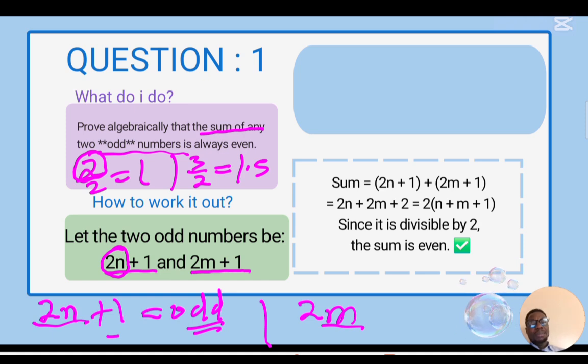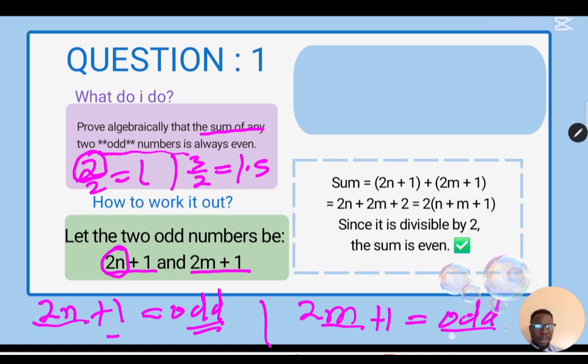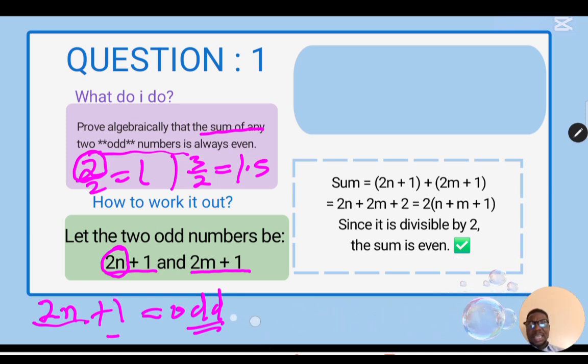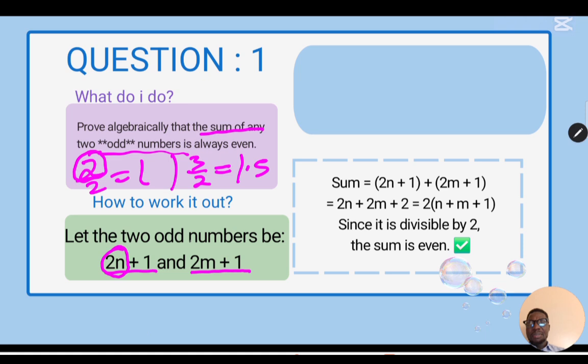Or even if m is initially an odd number, multiplied by 2 will still give me an even number. Now if I say plus 1, we make it turn to an odd number. Okay, so that is the reason why we follow the very first step, and I hope that step is clear.